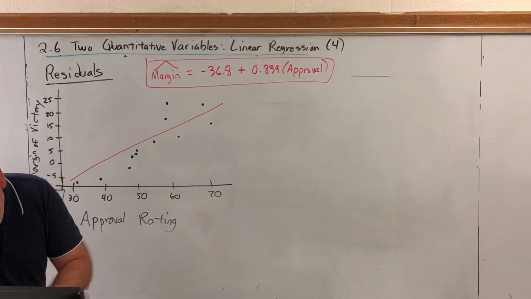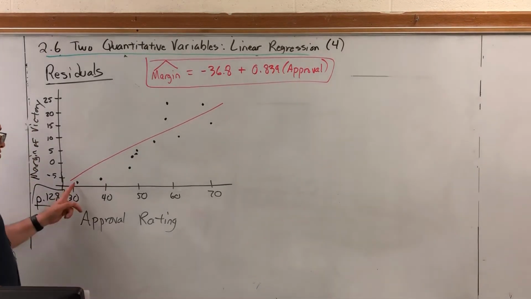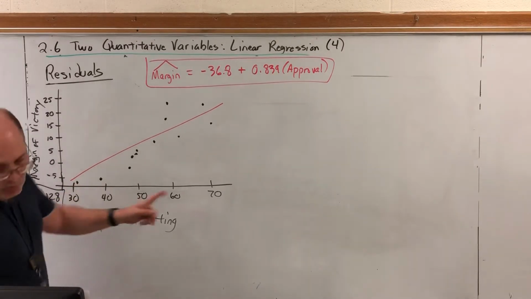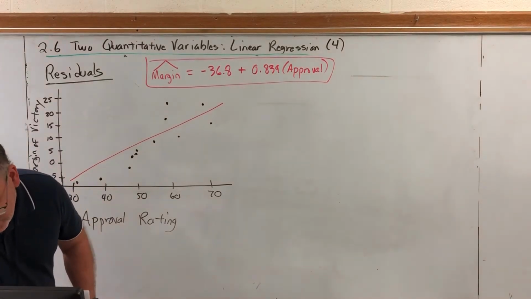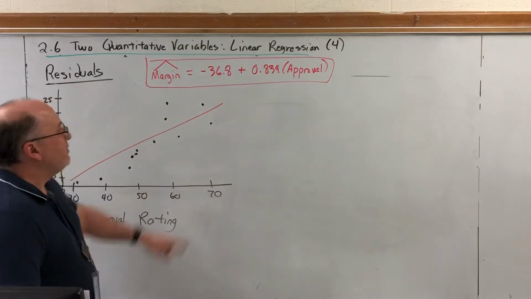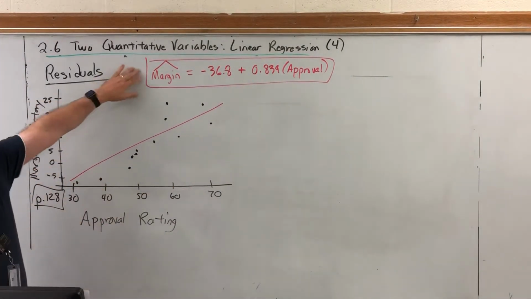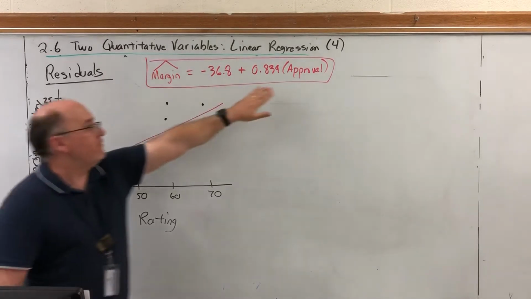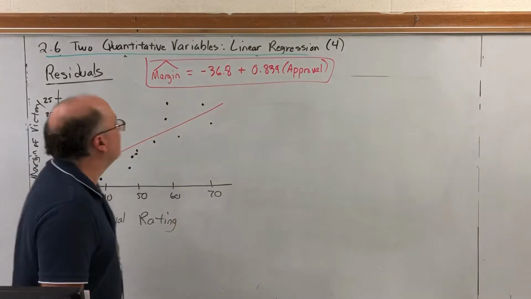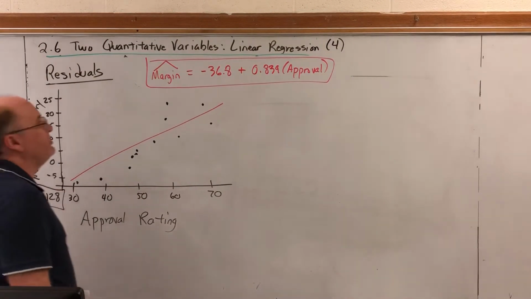It was 31. So the lowest approval rating that we observed was 31, and the highest approval rating that we observed was 70. Because 0 falls outside of that range of values, we shouldn't use this equation to make a prediction for when the approval rating is 0. But that's how you would interpret the intercept.